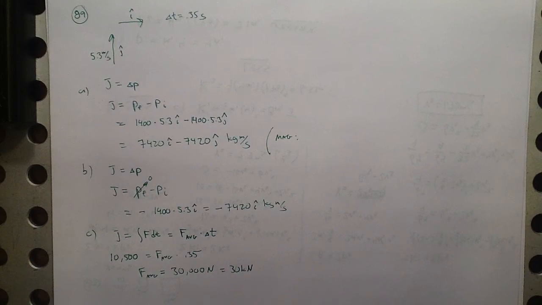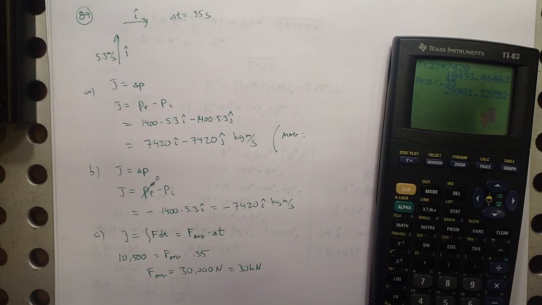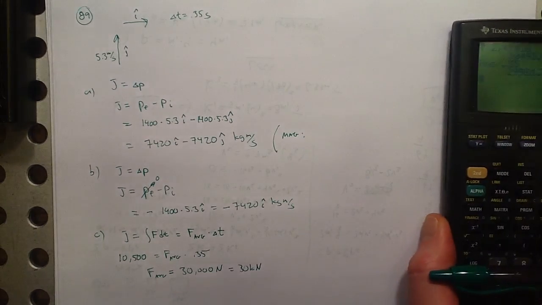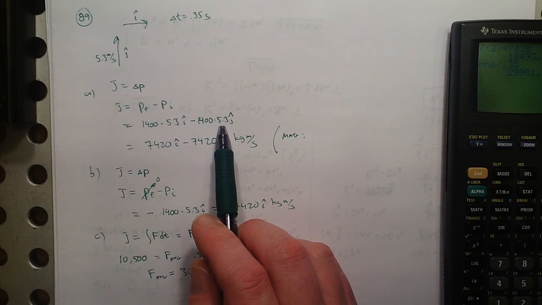And that is not agreeing with the book. I don't like that. Let me just pause for a second and see if I can figure out what I did wrong there. Let's see. During the turn, this is the change in momentum, right?